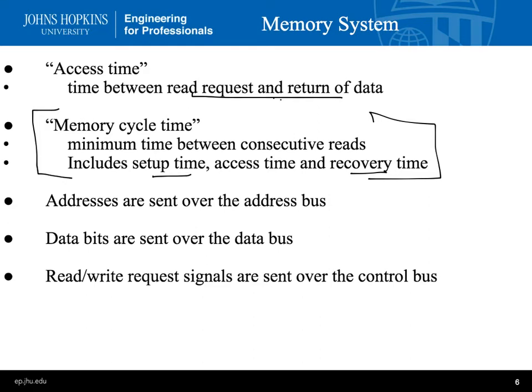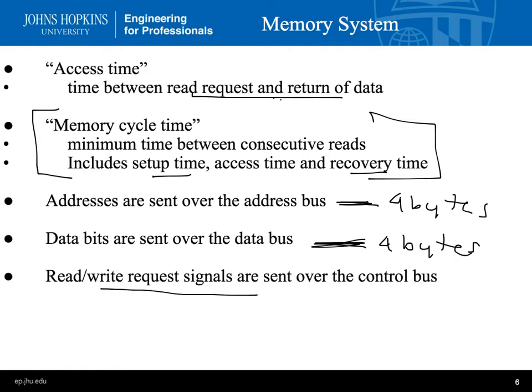With the memory, there's an address bus and the data bus. And that's 4 bytes in MIPS. And the address bus is also 32 bits, so that would also be 4 bytes. And then the request signal, like I said earlier, there's that 1, 0, whether we're reading or writing.